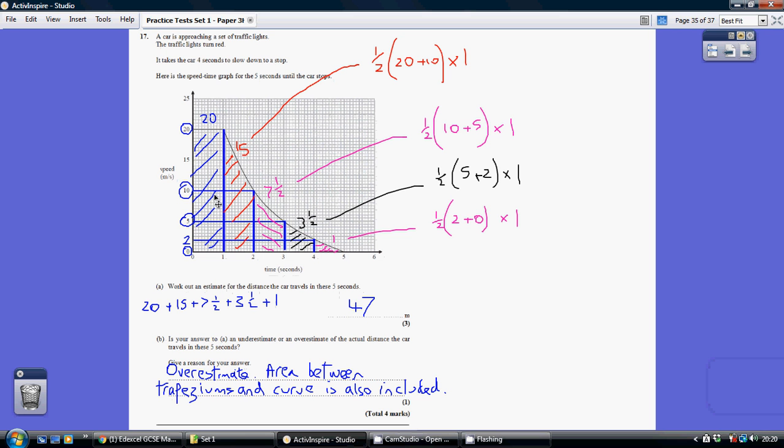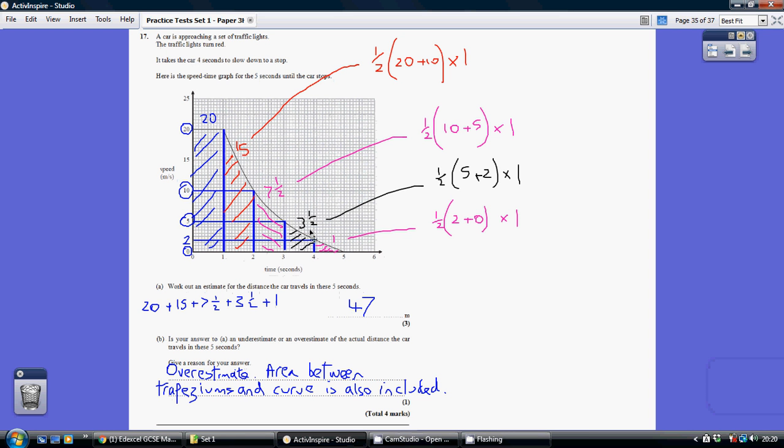Now how we do this estimate: we have this rectangle here, which is straightforward, we can do that exactly. Now this shape here, from here to here to here to here to here, that's a trapezium. You've got two parallel sides and two non-parallel sides. This shape here, if you just put in a straight line here, is also a trapezium.